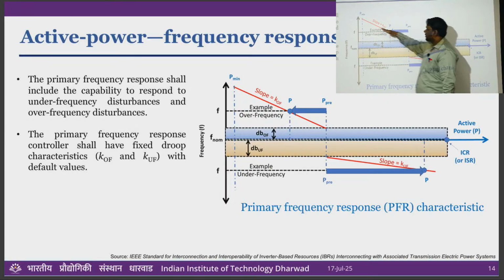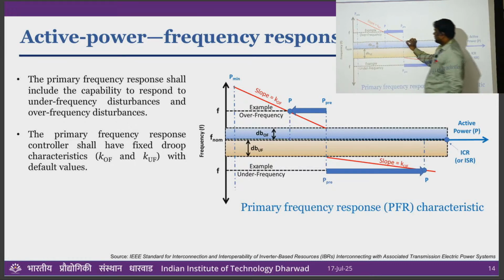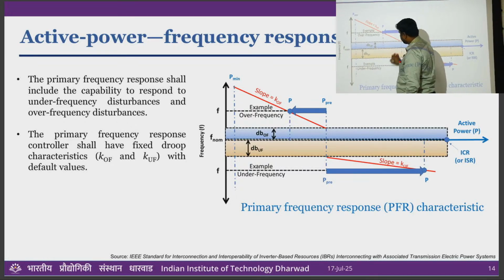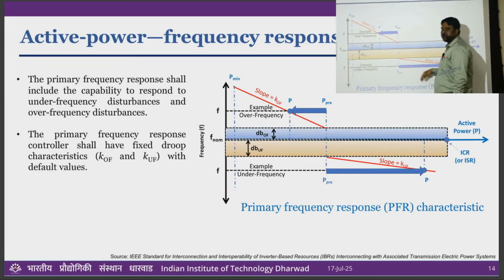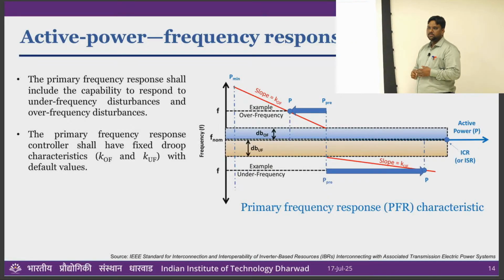There is a slope of this red curve, that is KOF. This is the slope of the under frequency red curve. That means if you are here, you have to maintain this much active power, because frequency is this much. Okay. For under frequency also the same, like over frequency and under frequency. Okay. Now this is called primary frequency response.